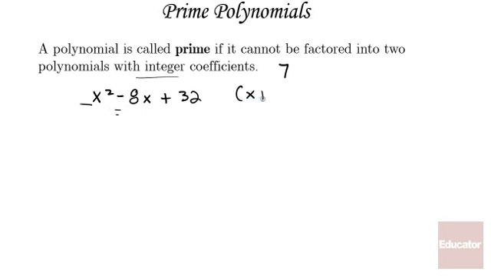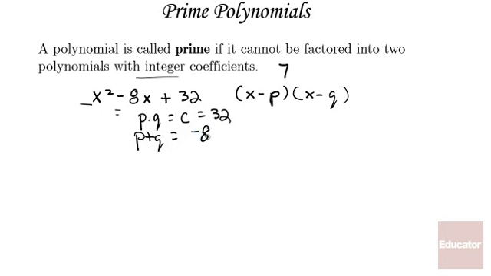So it's going to be in this general form, but when I look at my signs, I see that these signs are actually both negative. Then I go about it the usual way, where I'm going to make a list, because I realize that P times Q are going to equal C, and C in this case is 32, and the sum of P and Q will be equal to B, which is negative 8.